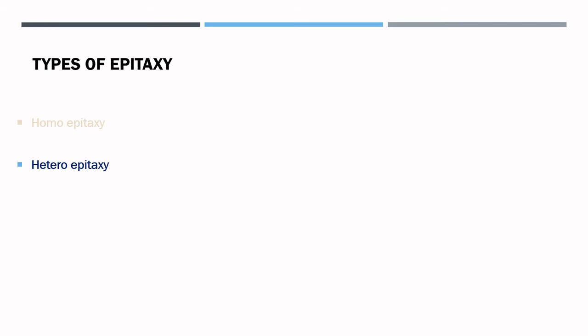One example is the bipolar junction transistor. We had a p-type silicon substrate, and on top of this we grew an n-type epitaxial layer. Both are made of silicon, so the material is the same. So this is an example of homoepitaxy.